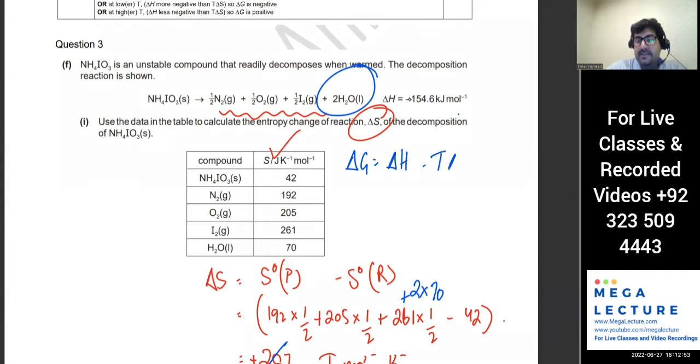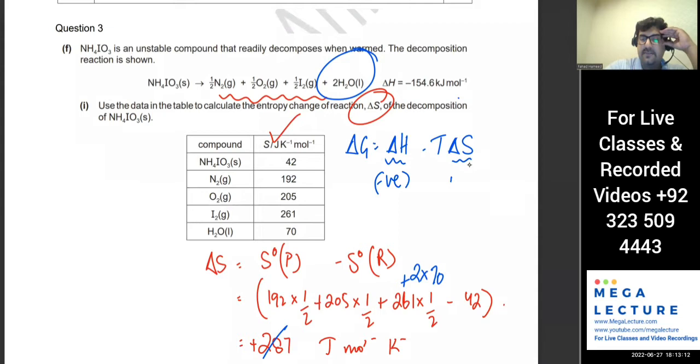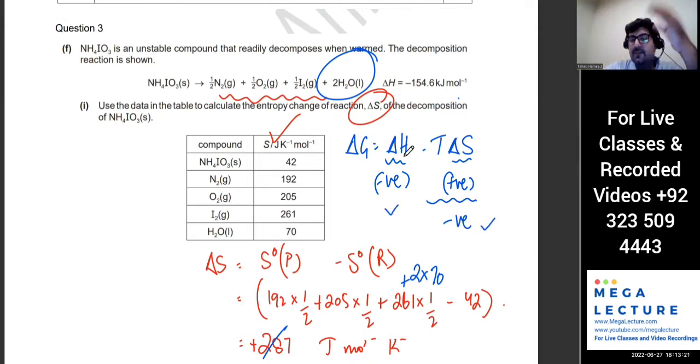This is the only part that is confusing, where you have to predict the feasibility of the reaction. So remember, you have to make delta G negative for it to be feasible. So enthalpy change is negative, right? And entropy change, you just calculated, gave you a positive value. So that means this side is positive, but it's got a negative sign, so that makes it a negative value. So both values are coming out to be negative. So no matter what the temperature is, this term is negative and this term is also negative.